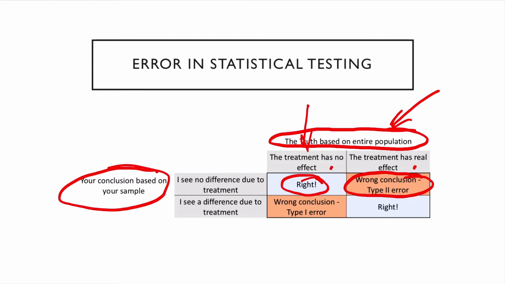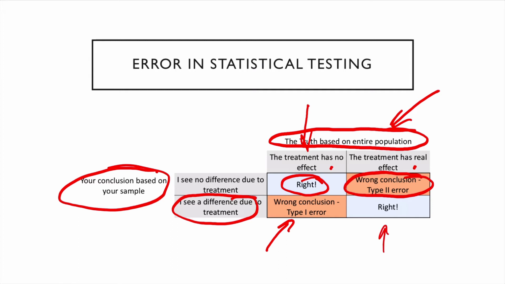That's called a type 2 error. If in reality the treatment has no effect, but we think we see an effect, then that's an incorrect conclusion as well, and that's called a type 1 error. And then finally, if there really is a difference due to the treatment, and we find that there's a difference in our study, then again, we've made the correct conclusion.